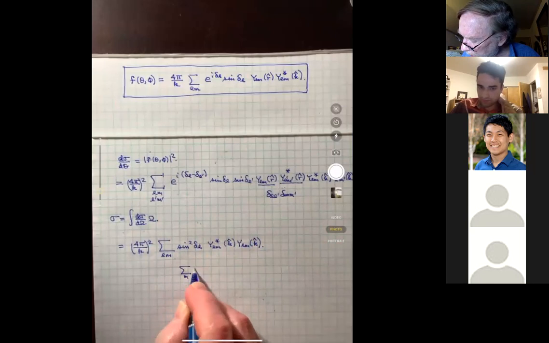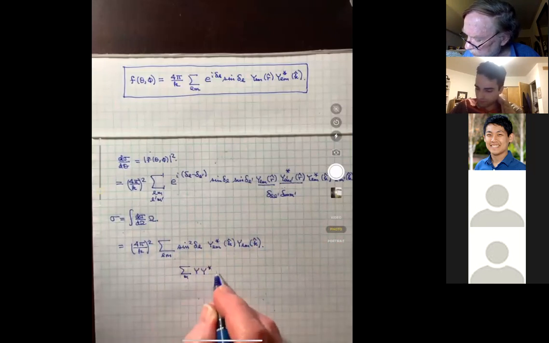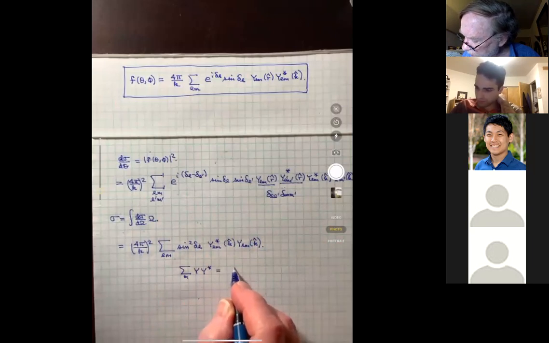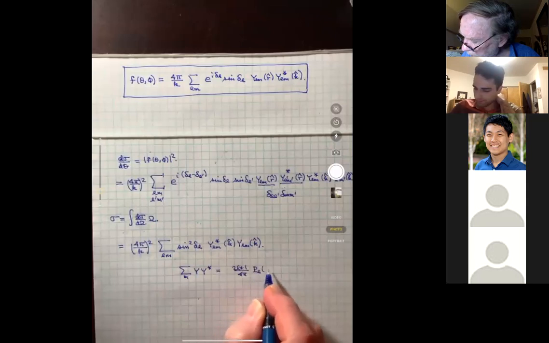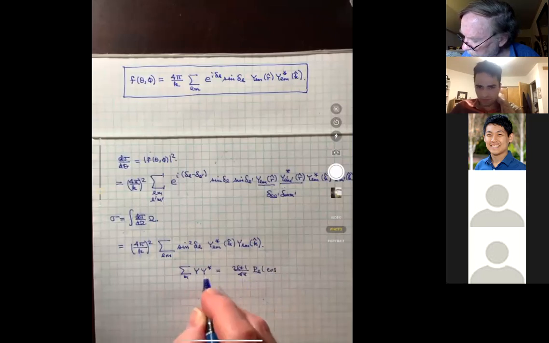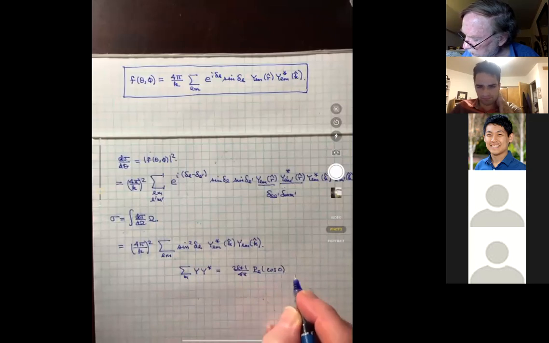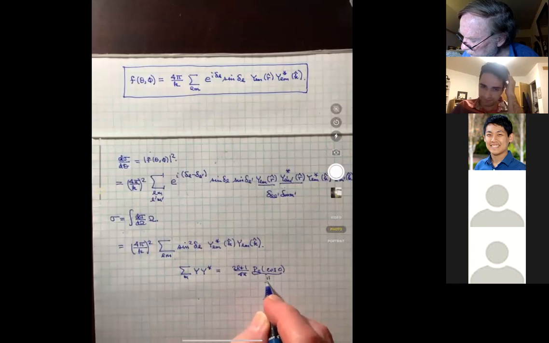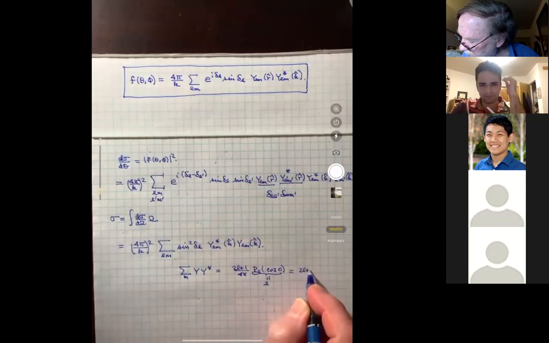If you have the sum on m of two Y's of the same k, the same angles, it is the same thing as 2l plus 1 over 4 pi times a PL of the cosine of the angle between the two. But if the two are equal, it's a cosine of 0. Cosine of 0 is 1. PL of 1 is equal to 1. So it just becomes 2l plus 1 over 4 pi.